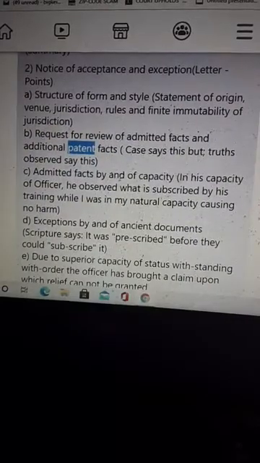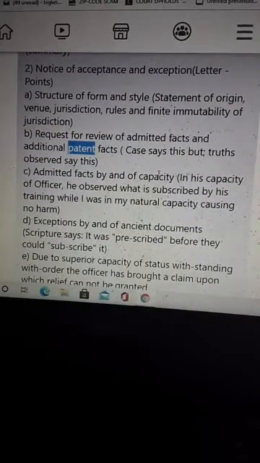You're going to request a review of the admitted facts and additional patent facts, open, observable facts. The case says this, but the truths observed say this. Admitted facts by and of the capacity, in his capacity of officer, he observed what he described in his summary.